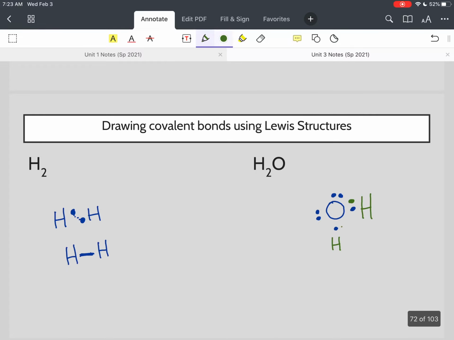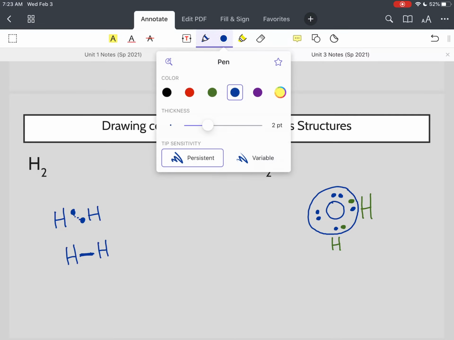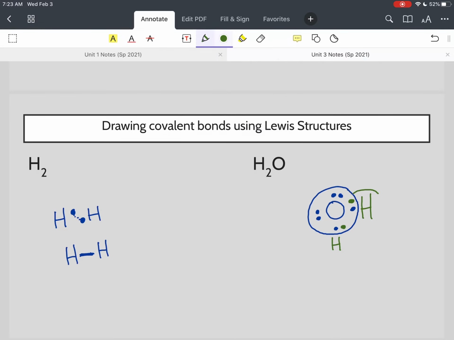And if I put my other hydrogen down here, there's hydrogen's electron. Now, if I look closely, oxygen has these, and then my hydrogen, they're sharing these. So now everybody has the 8 that they want, and hydrogen has the 2 that it wants.